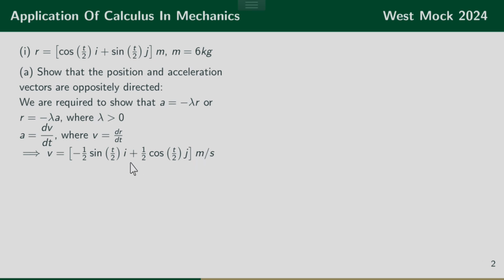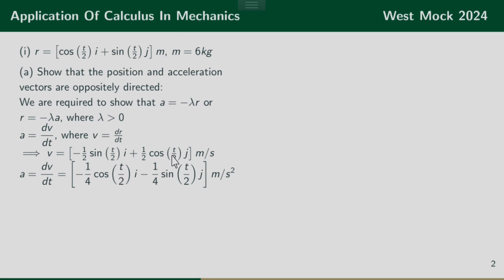But I have to go one step ahead and find the acceleration. Therefore, I'll need to take this expression of the velocity and differentiate it again. So a equals dv/dt, which is equal to differentiating this, sine gives cos, then differentiating the angle t/2 is half. Half multiplies with negative half and gives negative 1/4 cos(t/2) i.